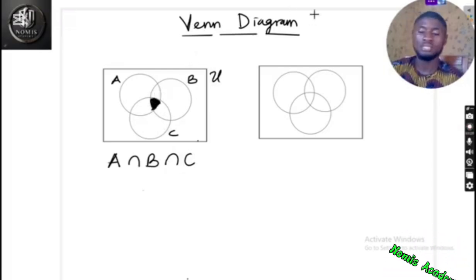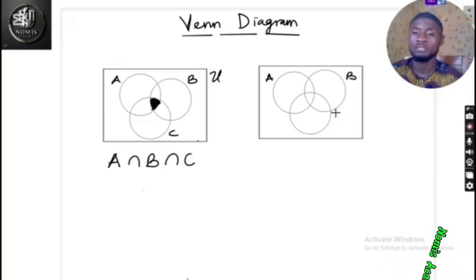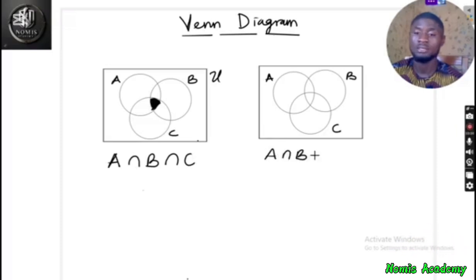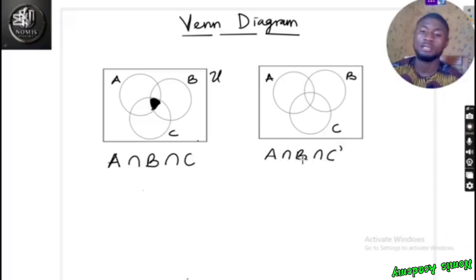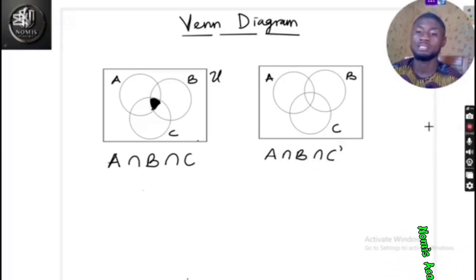So let's take on the second diagram. Let's have this to be our set A, set B, and set C. What we want to do here is A intersect B intersect C complement. That is, C should not be involved. This is intersection, not union.